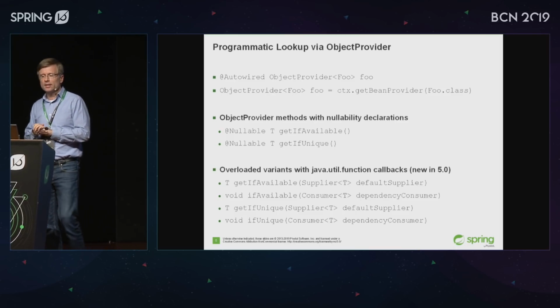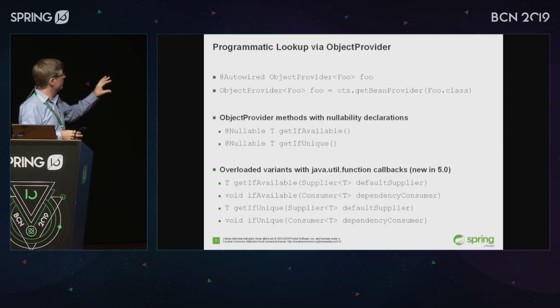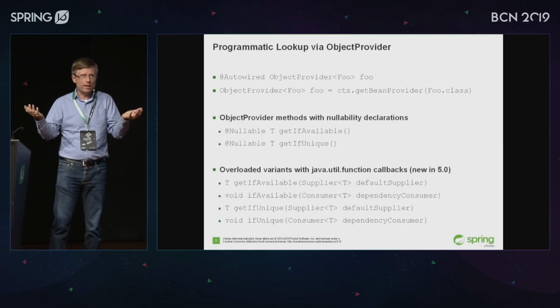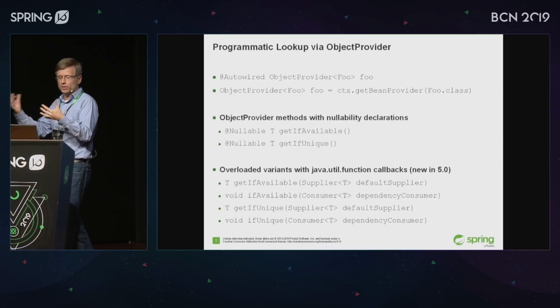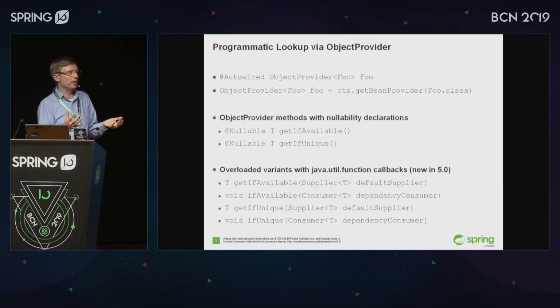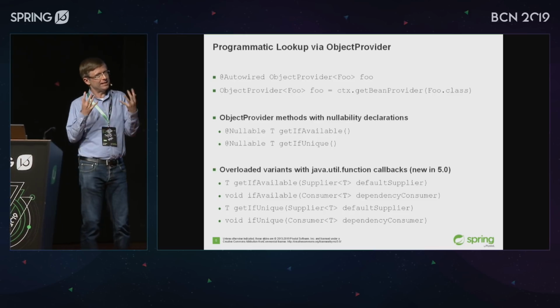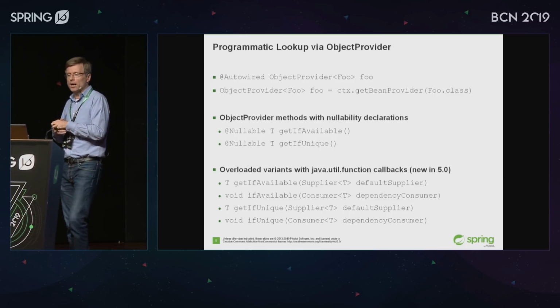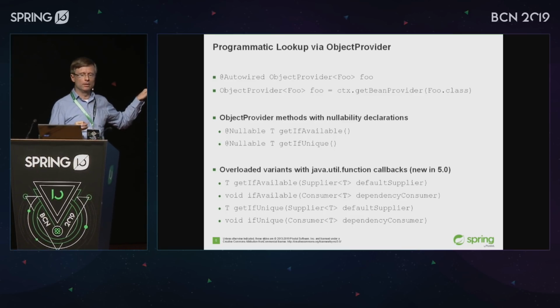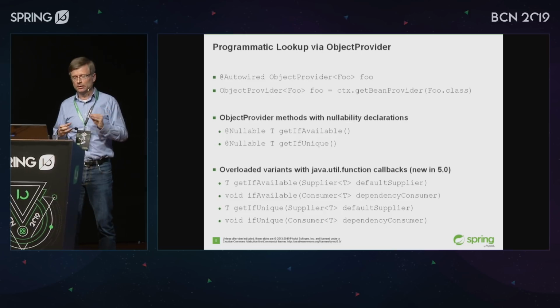The ObjectProvider has several methods, and just look at the nullability. getIfAvailable, in terms of its semantics, says: give me the object if it's present in the context. If it's not, return null. The same for getIfUnique: if there's a unique object, just a single one matching the type, give it to me, otherwise return null. Those methods are, of course, declared as Nullable. The return value is nullable.